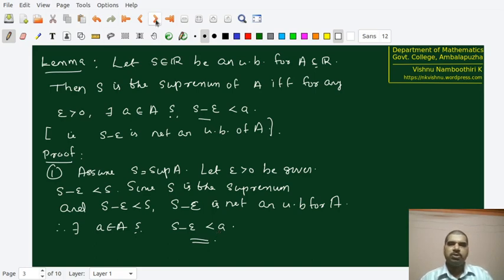We have to assume that for every epsilon greater than 0, if we can find A such that S minus epsilon is less than A, then we have to show that S is the supremum.